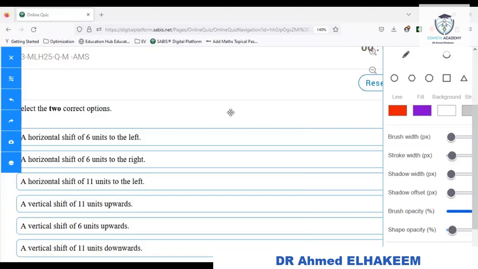Same question here. If you have a function called y equals 8 power x, and this function is shifted in some way, let us assume this is y1, and y2 now is 11 plus 8 power x minus 6.